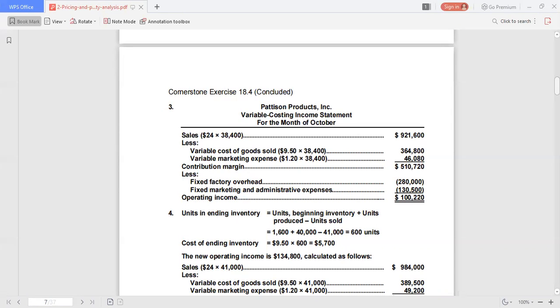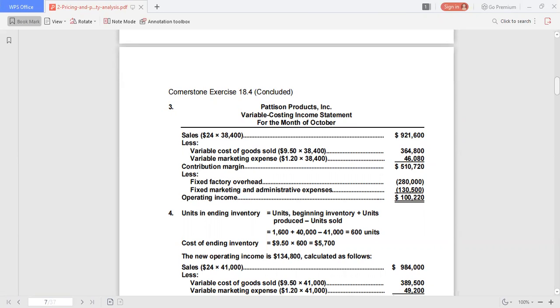Now, if you will compare this with the operating income under absorption costing for the month of October when production exceeds sales, your production of 40,000 units and sales of 38,400. That's for the month of October.